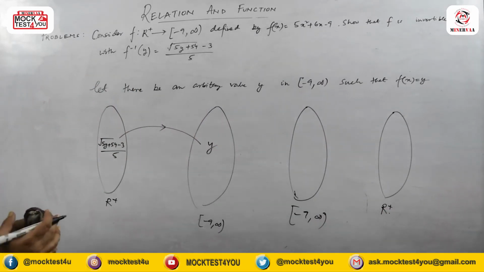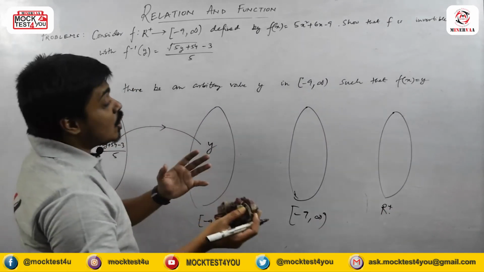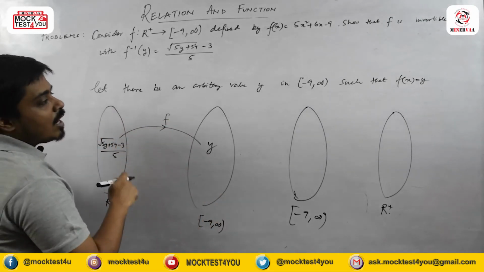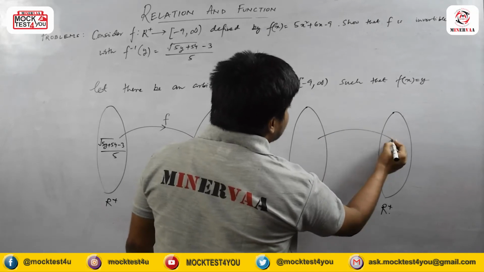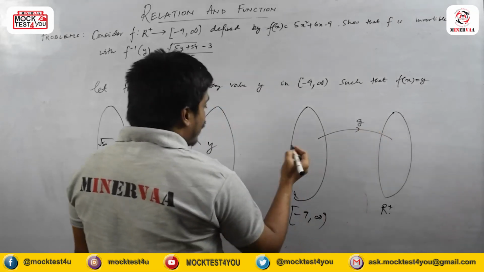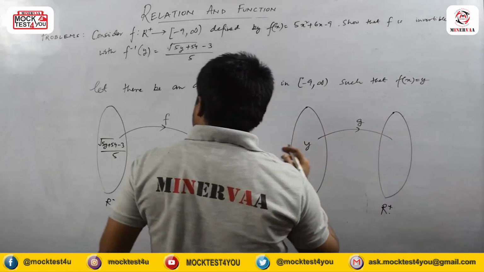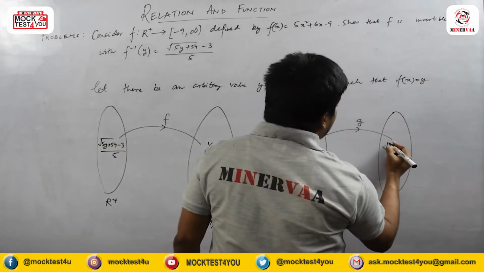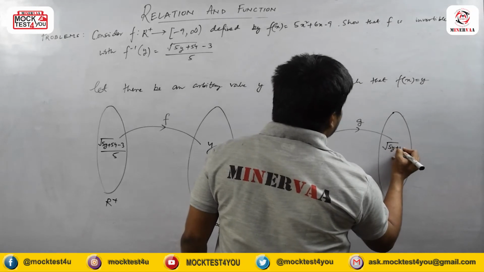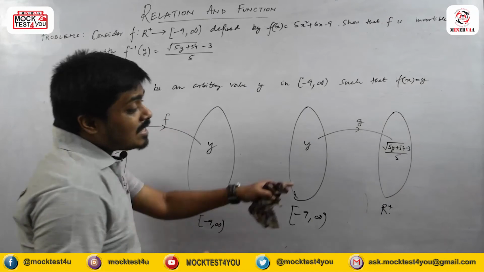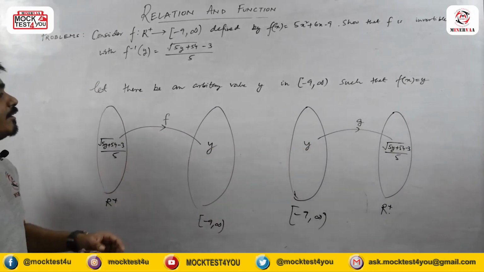Okay, so now we have this new function. This was the function f before. Now we have to define a new function g, whose element is y, but the image will be root over of 5y plus 54 minus 3 divided by 5.